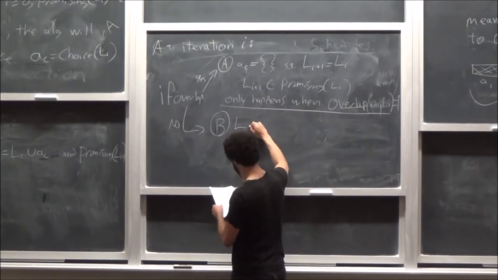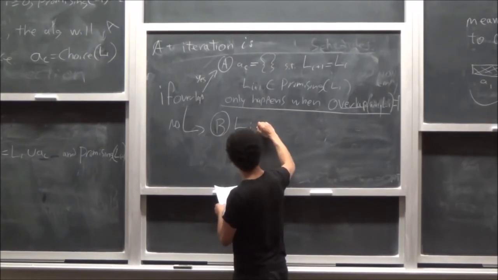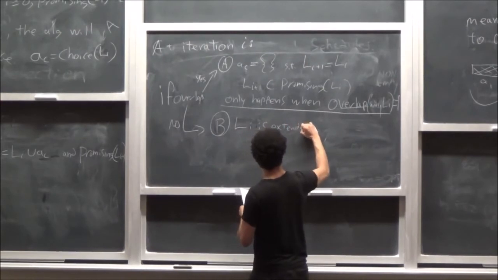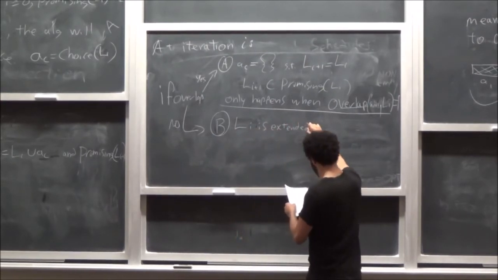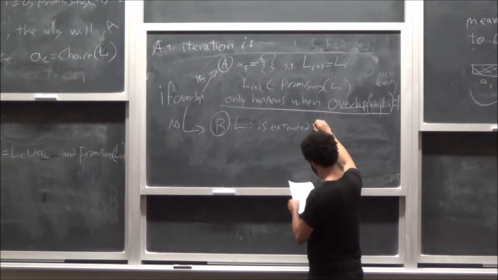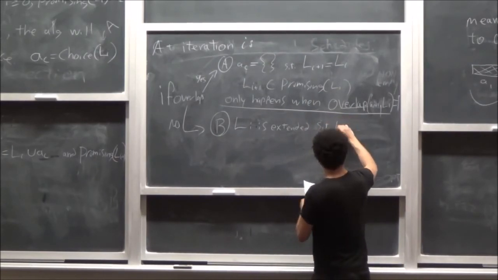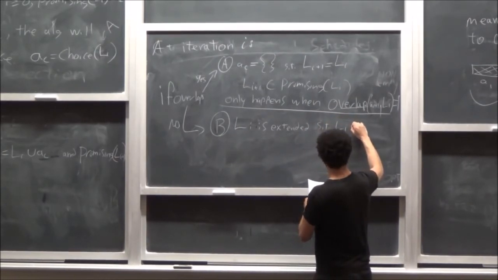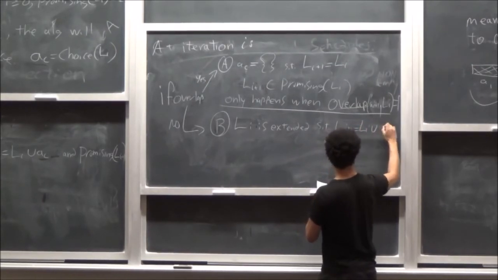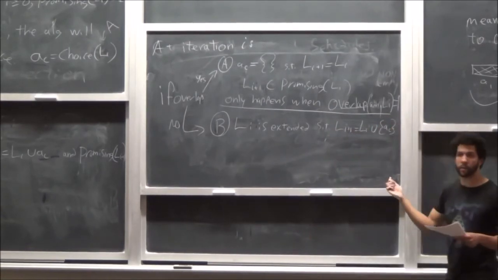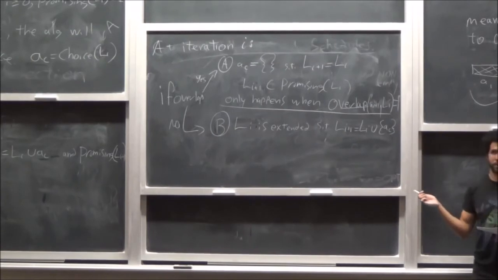What I wrote was we have Li is extended to equal such that Li plus 1 equals Li union with our choice. Does that make sense? So that's the other side of the if statement.